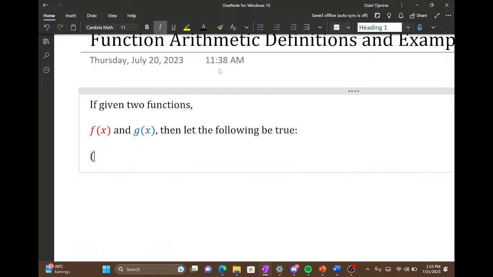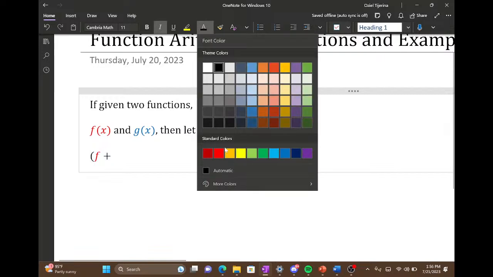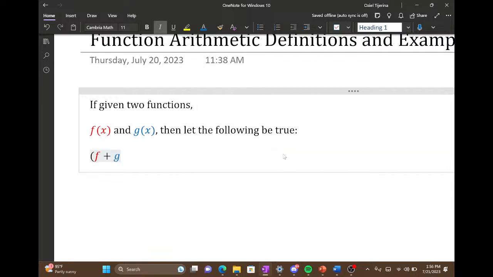So f plus g of x is equal to the following.